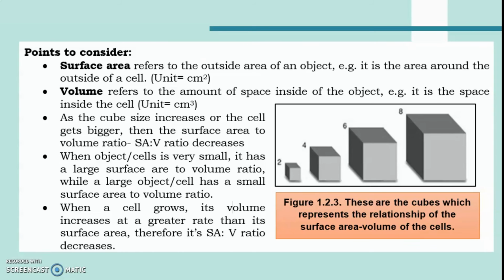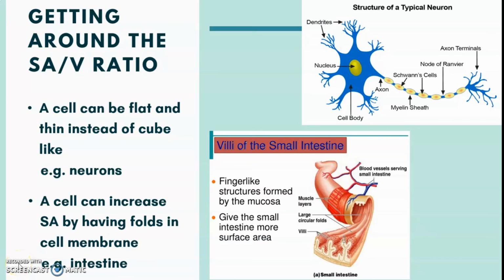As animals increase in size, they require specialized organs that effectively increase the surface area available for exchange processes. Here are the examples. A neuron is a cell that can be flat and thin instead of cube-like. An intestine has cells that can increase surface area by having folds in the cell membrane.